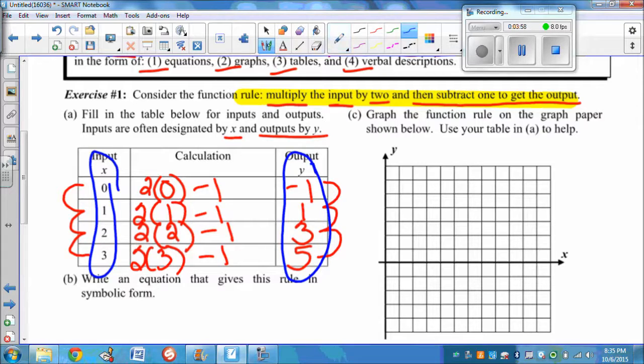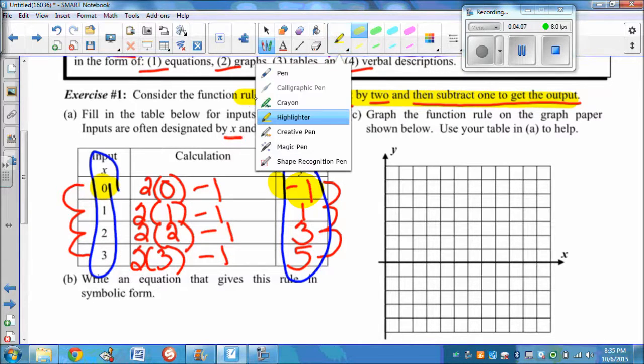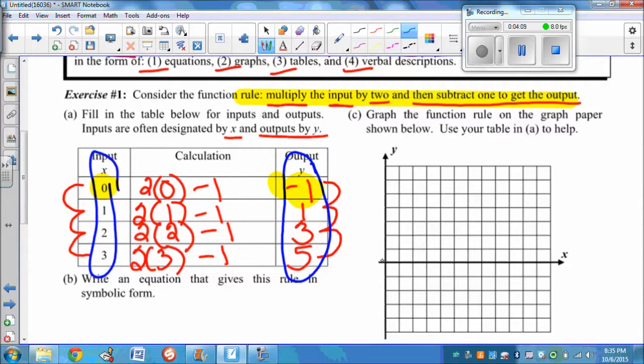So my first point that I've got to plot is 0, -1. So 0, -1 would be right there. And then the next one is 1, 1. Input of 1 and an output of 1. So 1, 1.